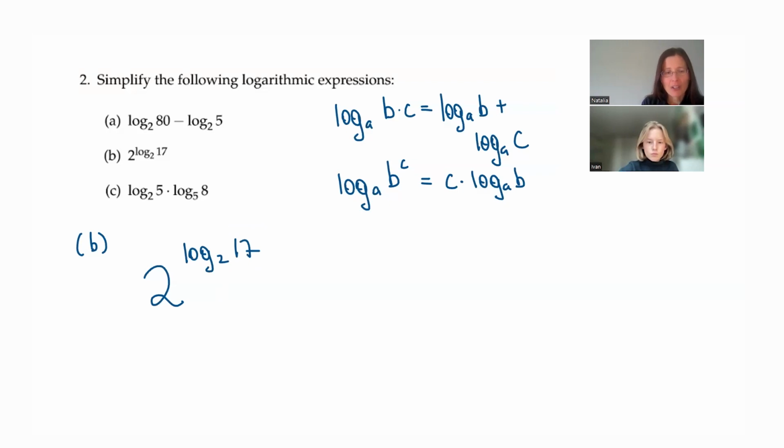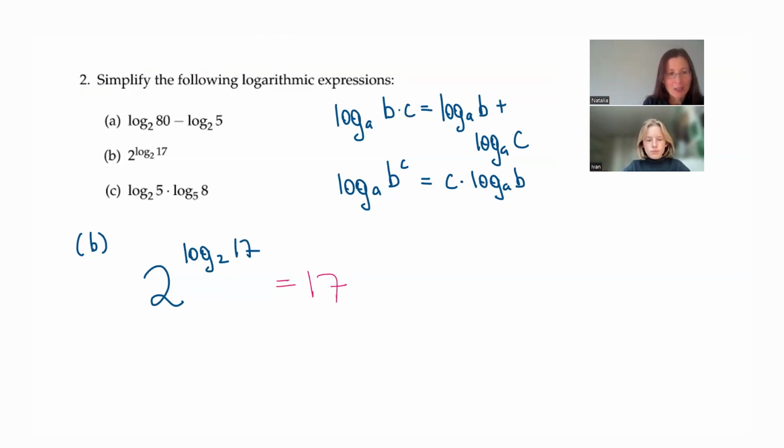And now we are raising 2 to that power. So what will we get? Since the answer to log 2 of 17 is the power you need to raise 2 to get 17, therefore, the answer is going to be 17. That's right. So these two cancel each other, and we're getting just 17. Or conceptually, like we just explained. Good. So that's part B.